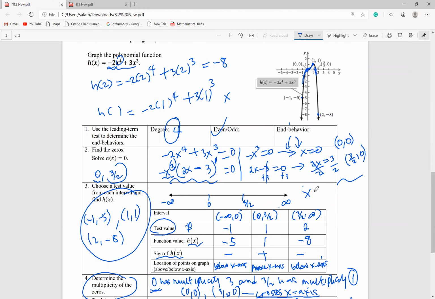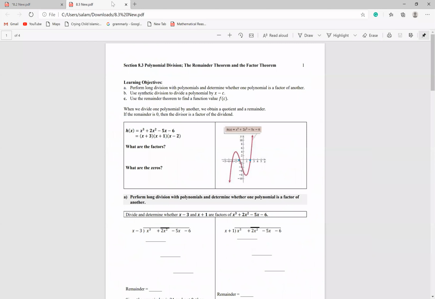So any question before I proceed to 8.3? So are we good to proceed to 8.3? Yes. Okay, thank you.